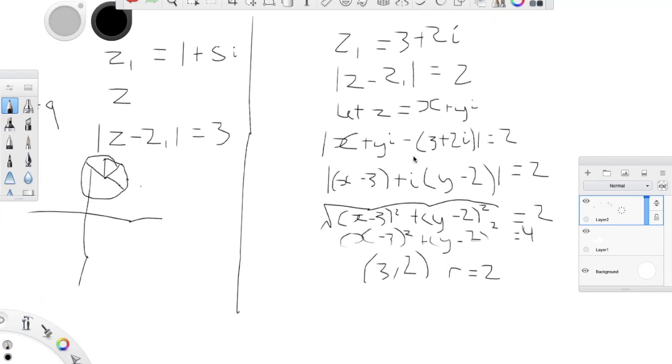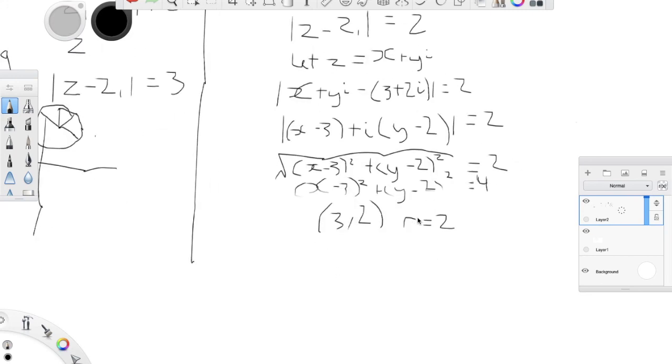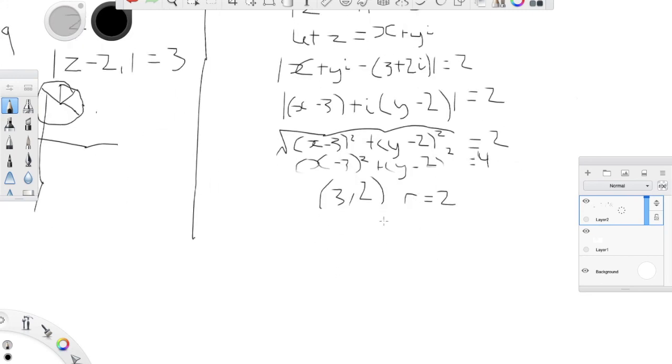I'll just draw out what this would look like, for some closure here. If I draw out a plane, so this is the Argand plane, with imaginary and real axes, and a point at 3, 2, somewhere around here.